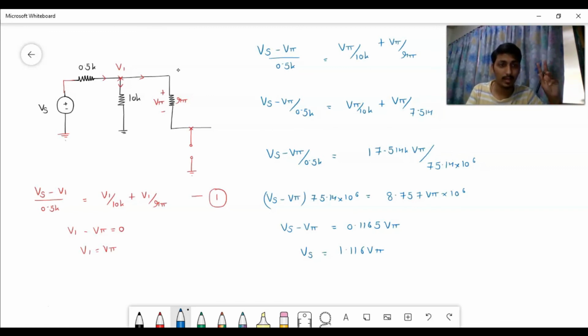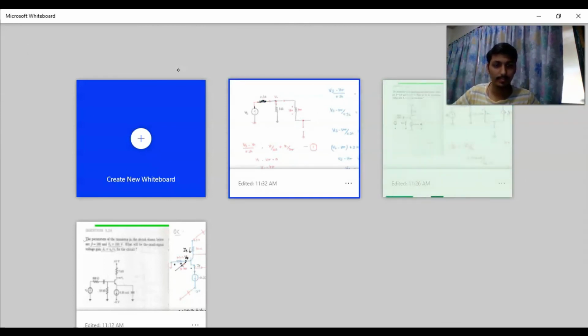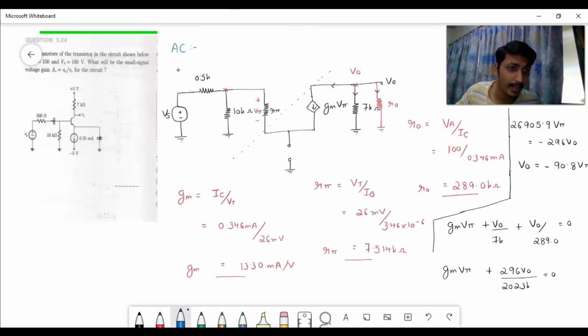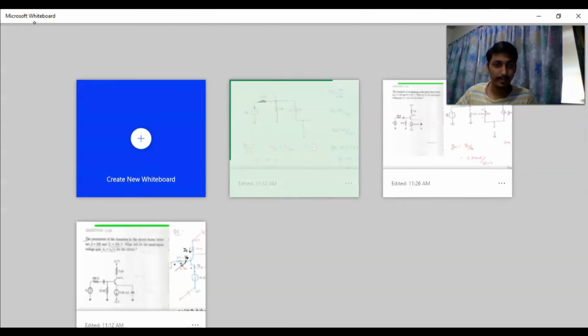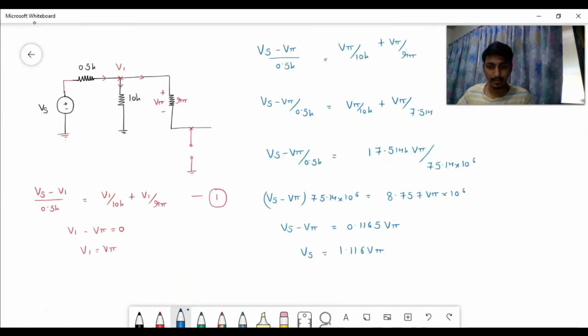So we will substitute the V pi value in terms of Vs, and we will get V0 by Vs. See, we have got V0 equals minus 90.8 V pi.